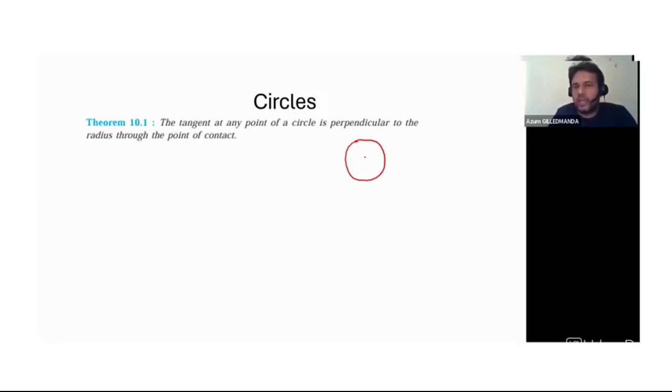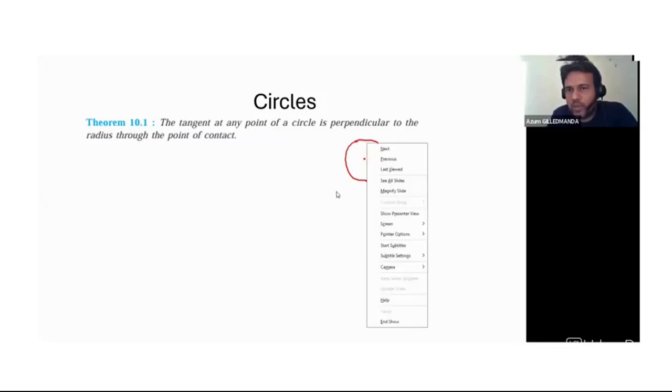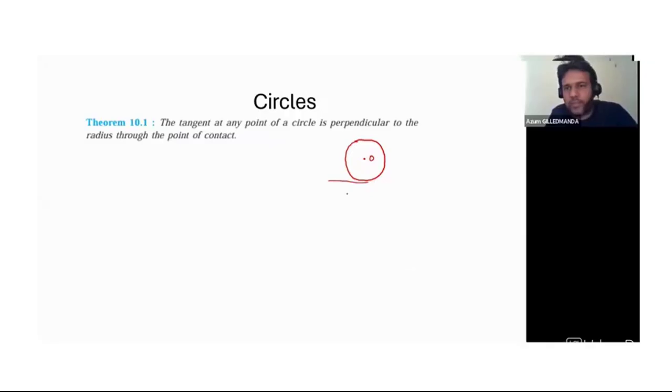Let's say this is the center of the circle, O, and I am drawing a tangent at this point, for example. This has to touch the circle at one point. Let's say I'm drawing freehand, so bear with me.